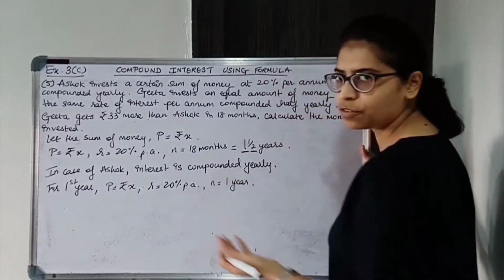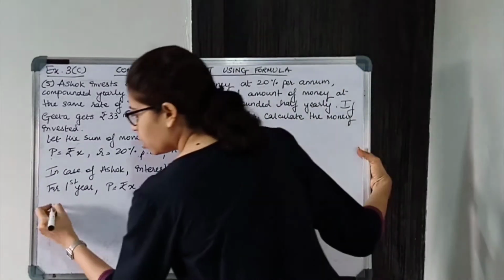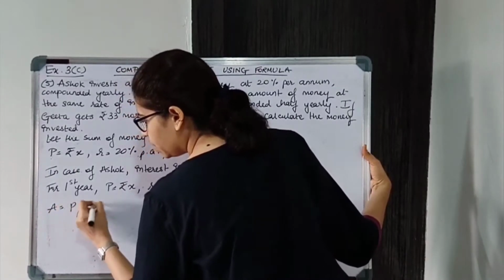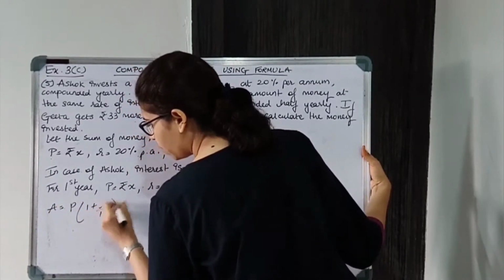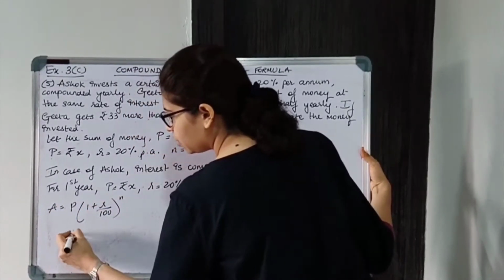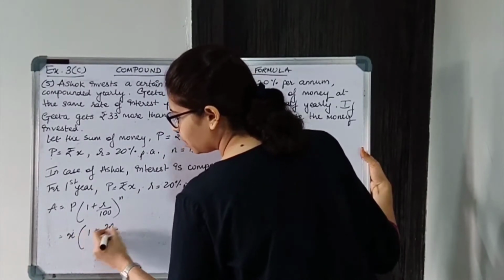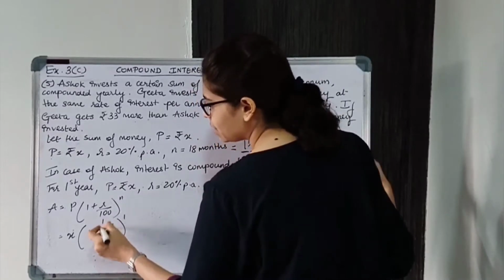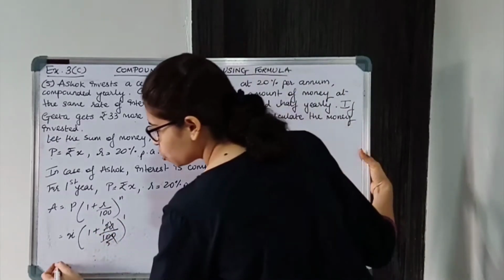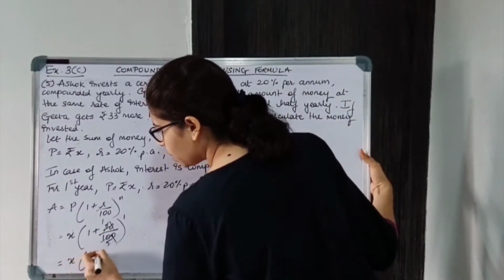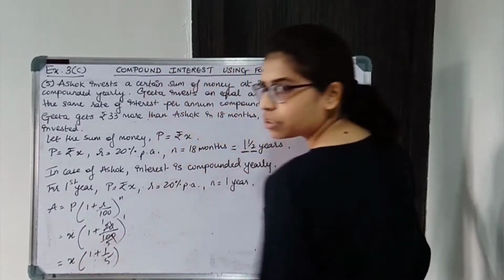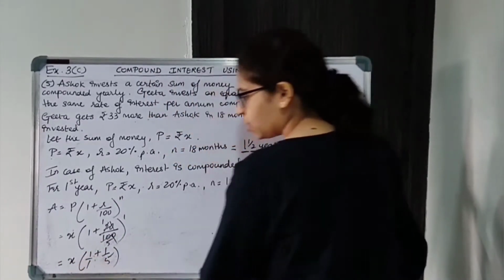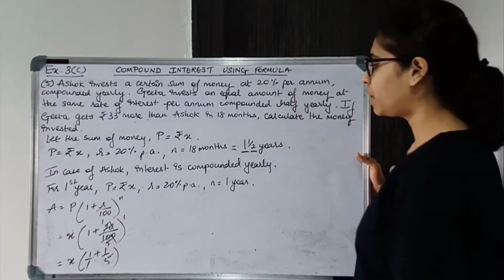Since we are finding for 1 year, we use the formula A is equal to P into (1 plus R upon 100) raised to n. Substituting the values, x into (1 plus 20 upon 100) raised to 1. The 0s get cancelled, 2 1s are 2, 5s are 5. So we are left with x into (1 plus 1 upon 5). We don't need to write raised to 1. So let us find the LCM and solve the brackets.